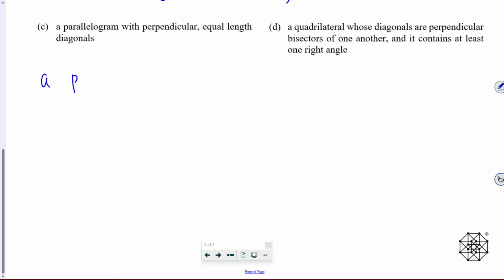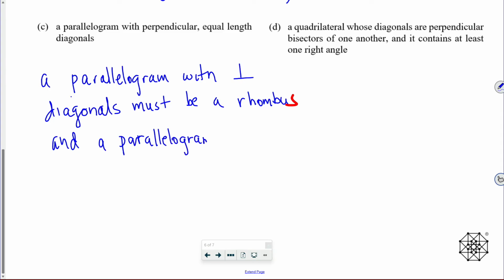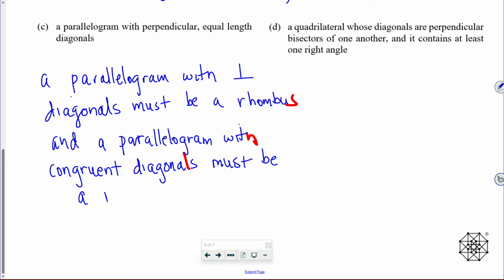So a parallelogram, God, such a long word, with perpendicular diagonals must be a rhombus, and a parallelogram with congruent diagonals must be a rectangle.